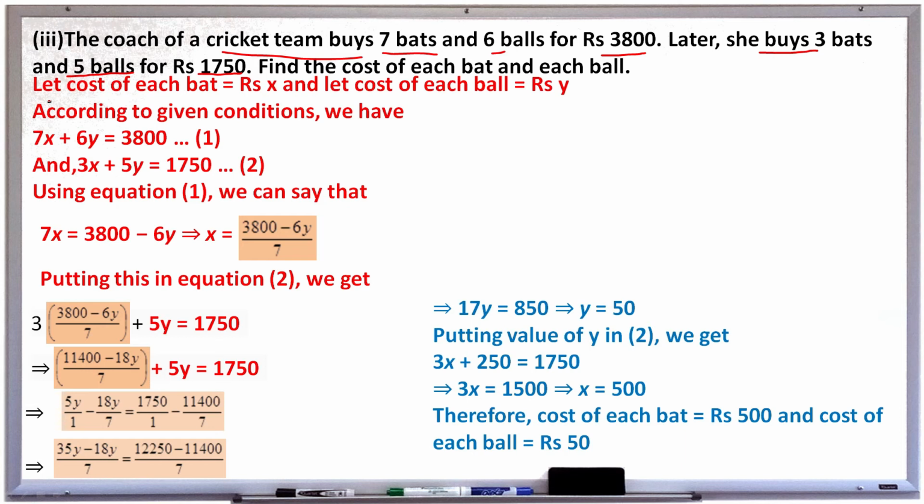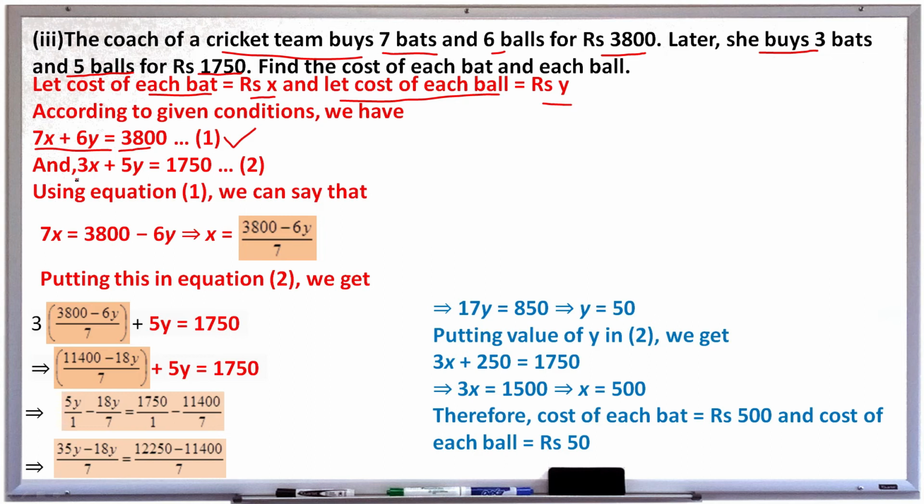Let us consider the cost of each bat as x rupees and the cost of each ball as y rupees. According to the condition, we can write 7x plus 6y is equal to 3800. This is equation number 1.